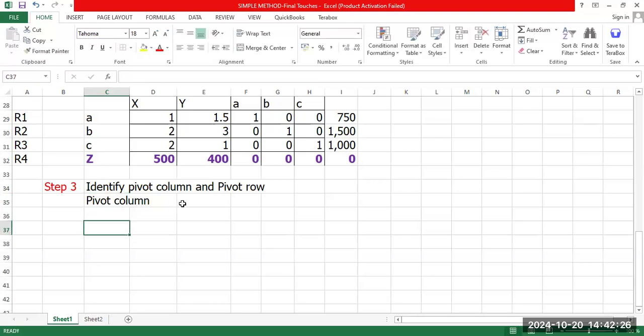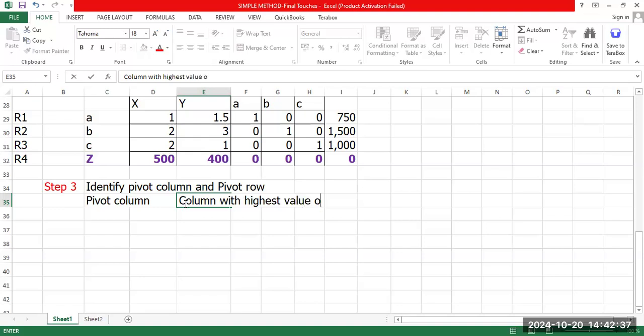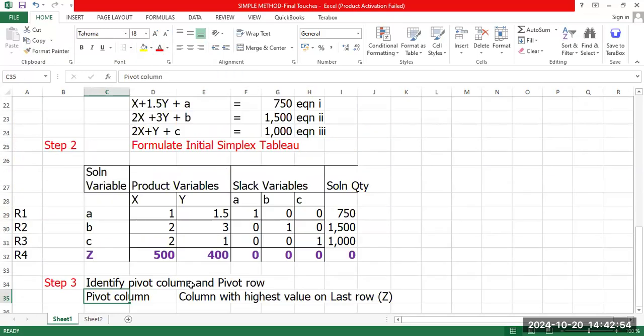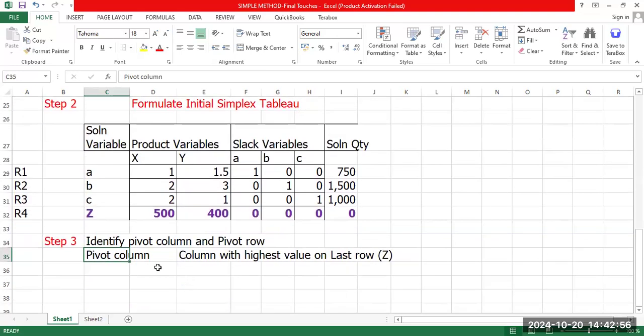The pivot column is the column with the highest value on the last row, the Z row.